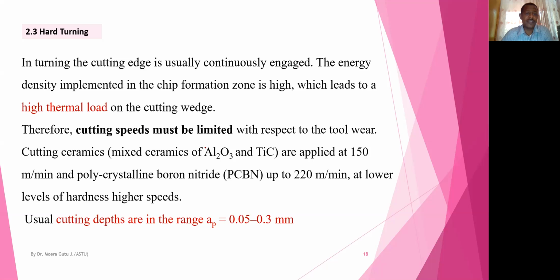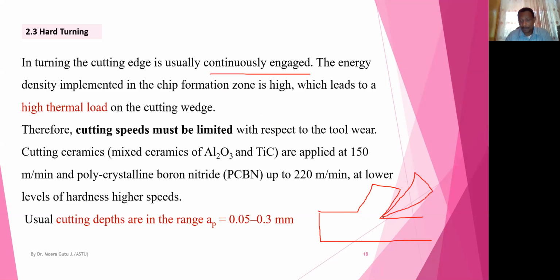So in turning, the cutting edge is usually continuously engaged. So in turning, the cutting edge of the cutting tool is continuously engaged with the workpiece material. Okay, this is the cutting tool.